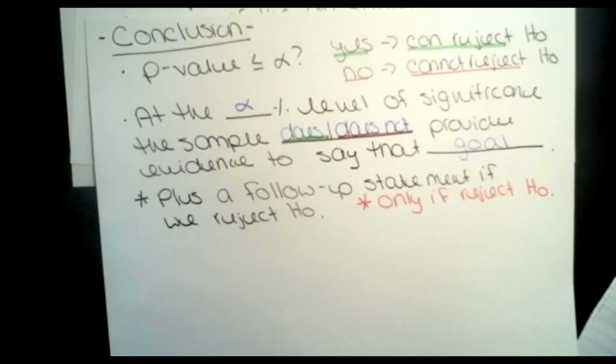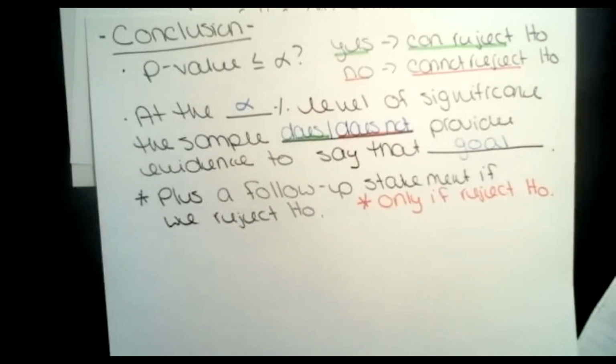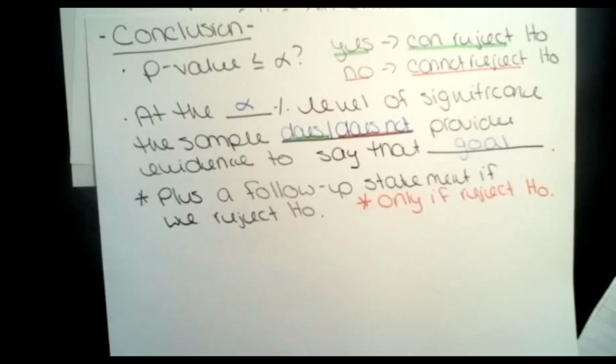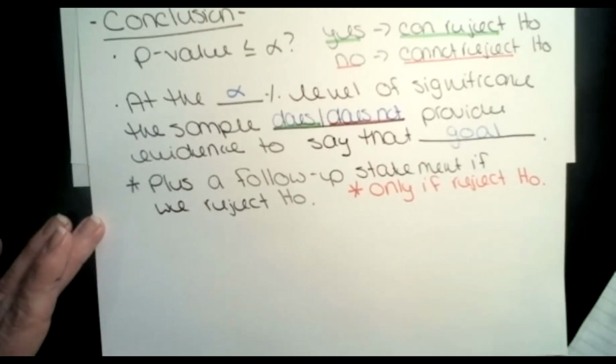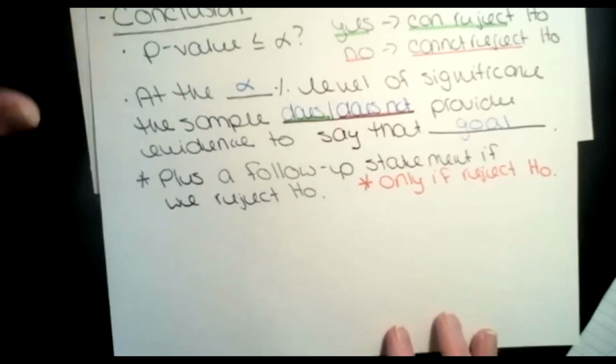Then remember the HA is that something's different. So if we reject the null, that means our sample does provide evidence to say that something's different. If we have that scenario, we want to place the blame on something. So we want to state and notice what was different. What was so different? What is statistically different that we're rejecting our null? So basically, why are we rejecting the null? Okay.